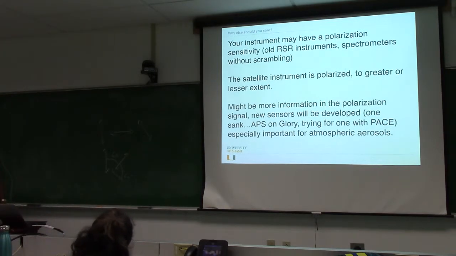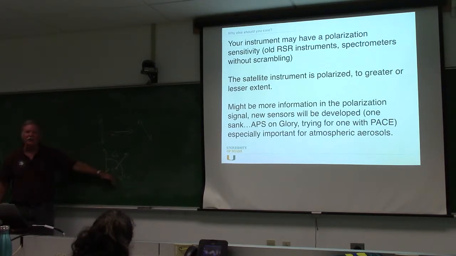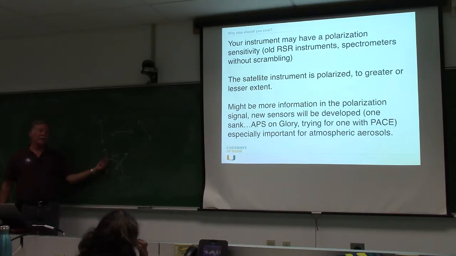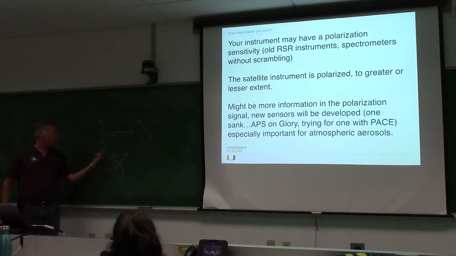It looks like 45, but this is supposed to be 60, okay? With these three basis sets, you can also determine the linear polarization state of the light. If the intensity I get after all these polarizers is the same, the light was unpolarized. If it was the same this way and this way, I have to work through the math to see whether it's polarized in this direction or another.